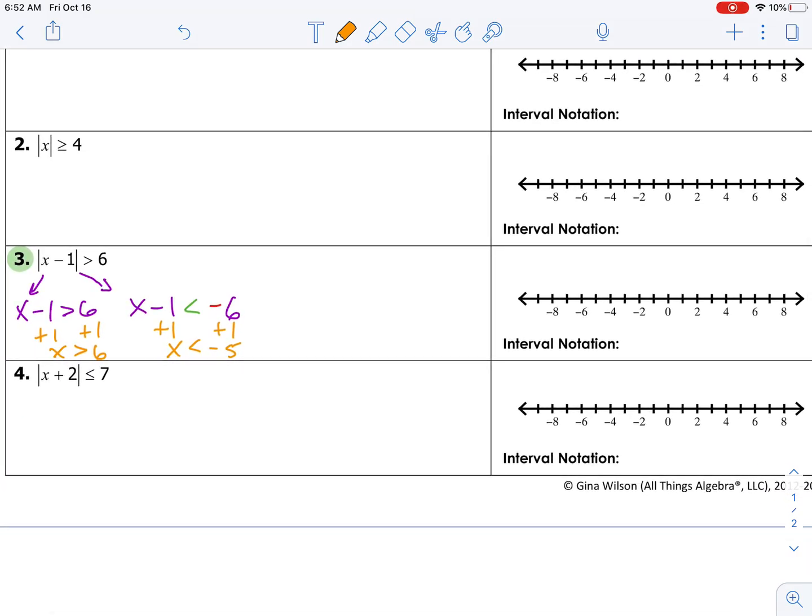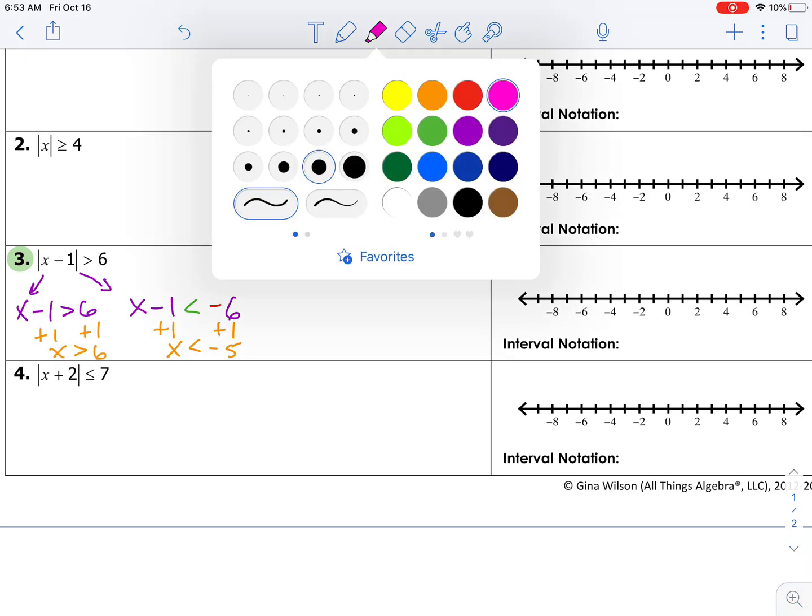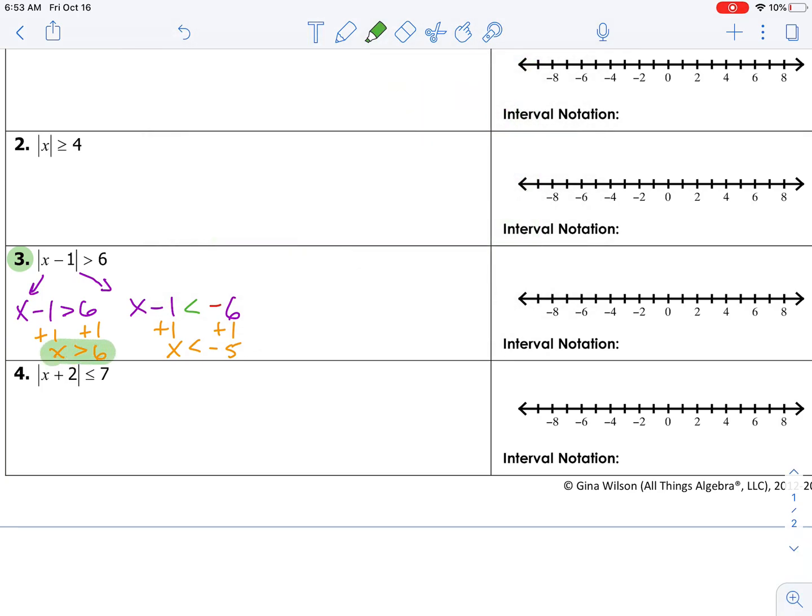So let's graph this and see what type of graph we get. This time we don't have or equal to underneath our inequalities, so we're going to use open circles. The first inequality, x is greater than 6. I put an open circle over 6.